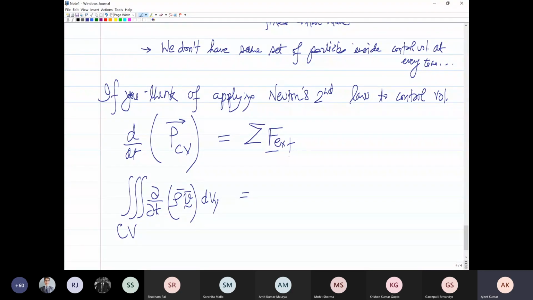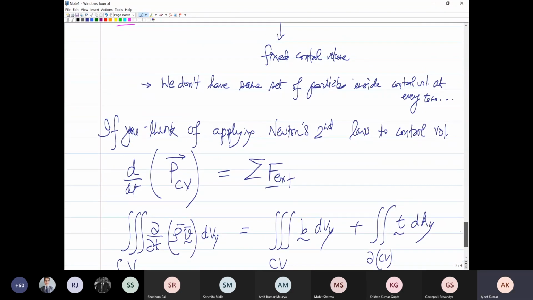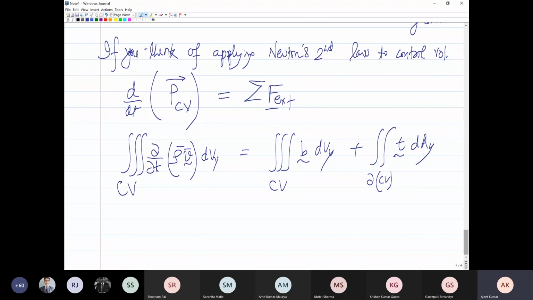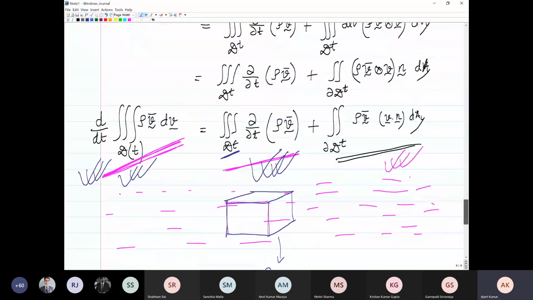And you are equating it to the total external force, which will have two terms, the body force term and then the surface term, like I say del CV T TA Y. But this is not correct, because when we worked out using control mass, this was equated to two terms.